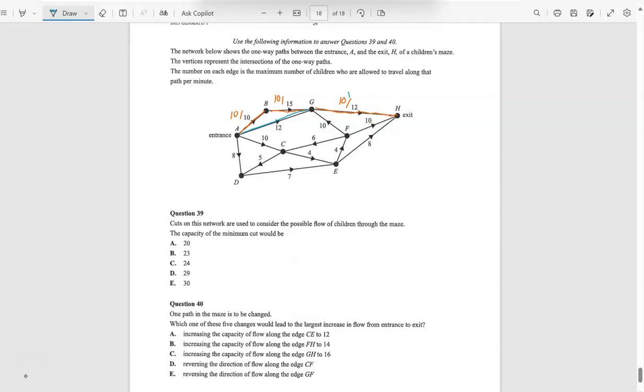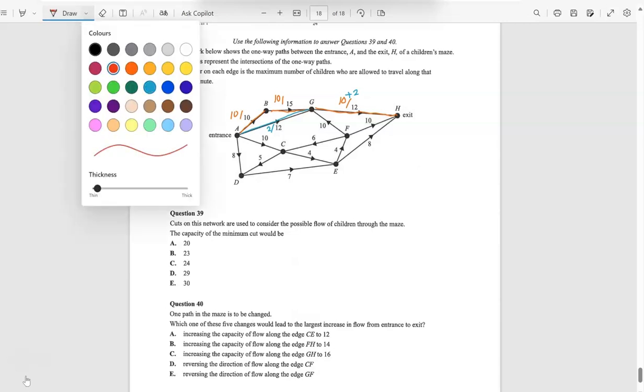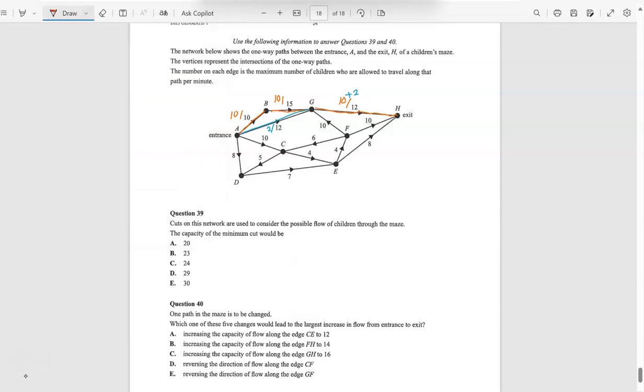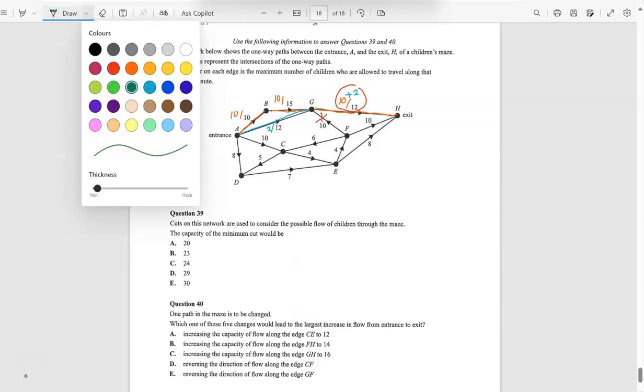Now I can add 2 more into that. So I've added 2 more, so really I've used 2 of that 12. Then I'm going to start crossing this, it is pointless now. We're not going to go down there because this one's 12 already, so nothing's going to flow into that. So let's just cross it so we don't use it.